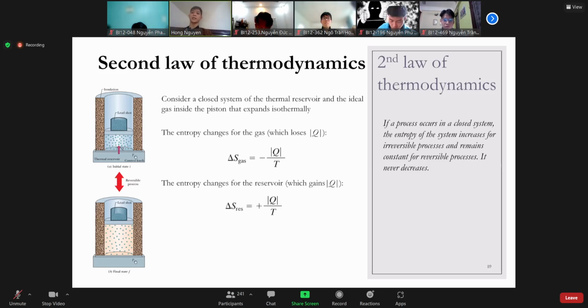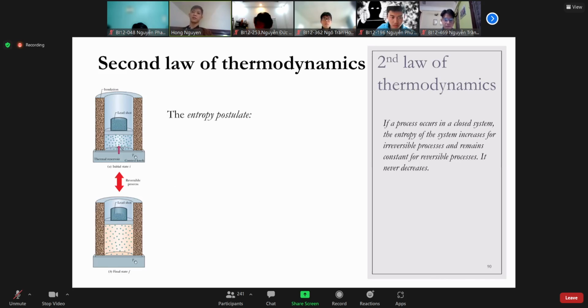Then we can write like this. So we have the two changes in entropy. So finally, what do we have? We have the change of the closed system equals 0. Right? This is when we consider a closed system. Reversible process.